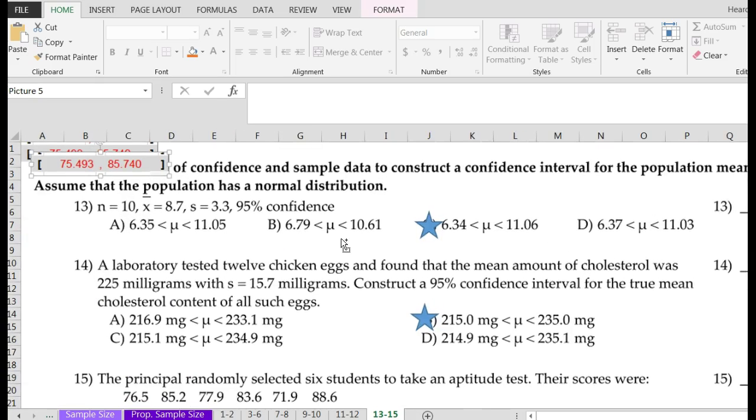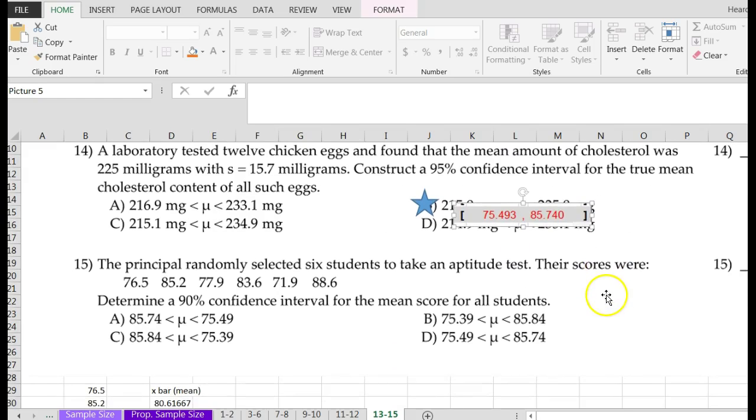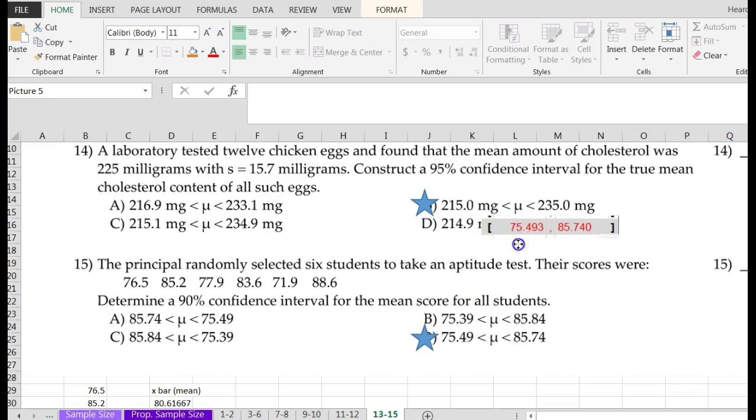Here it is. So 75.49. Let's see if that's a choice. 75.49 to 85.74. It is D. We'll put a star by it. Control C, Control V. Right there, and you can put this one right down there.